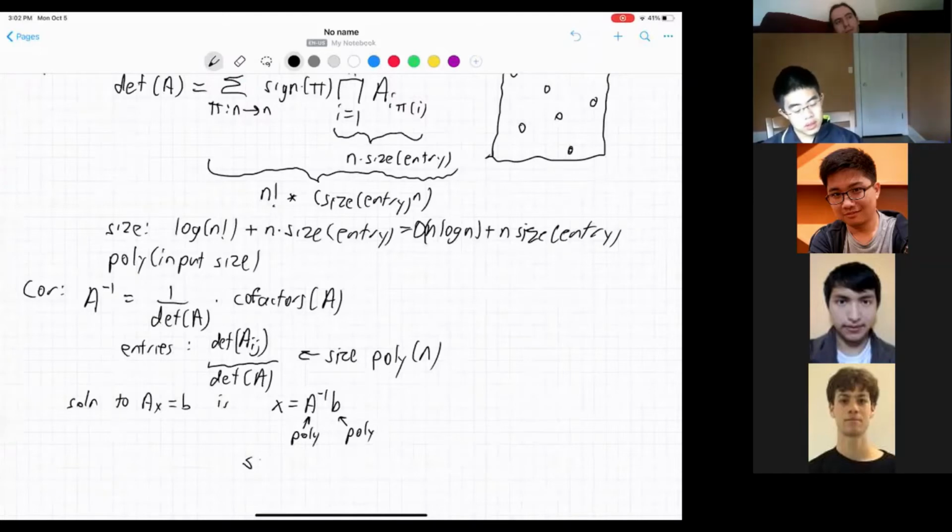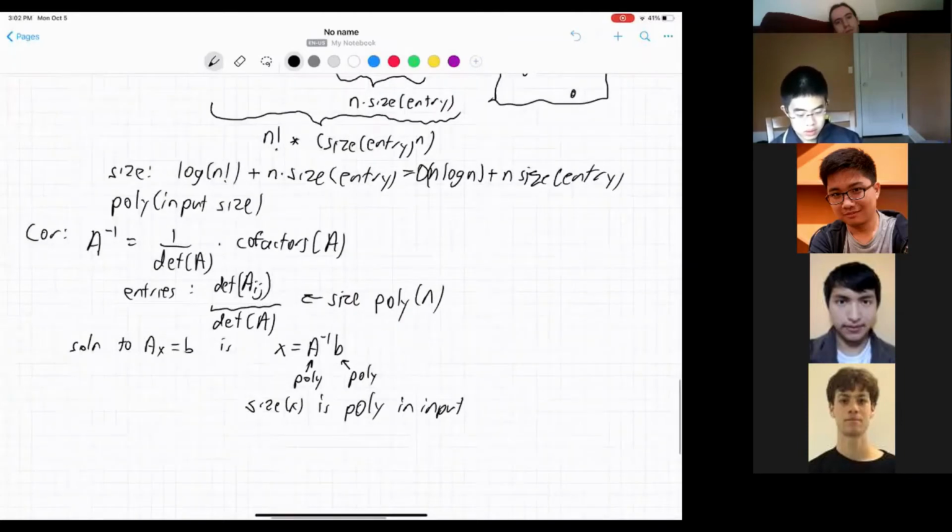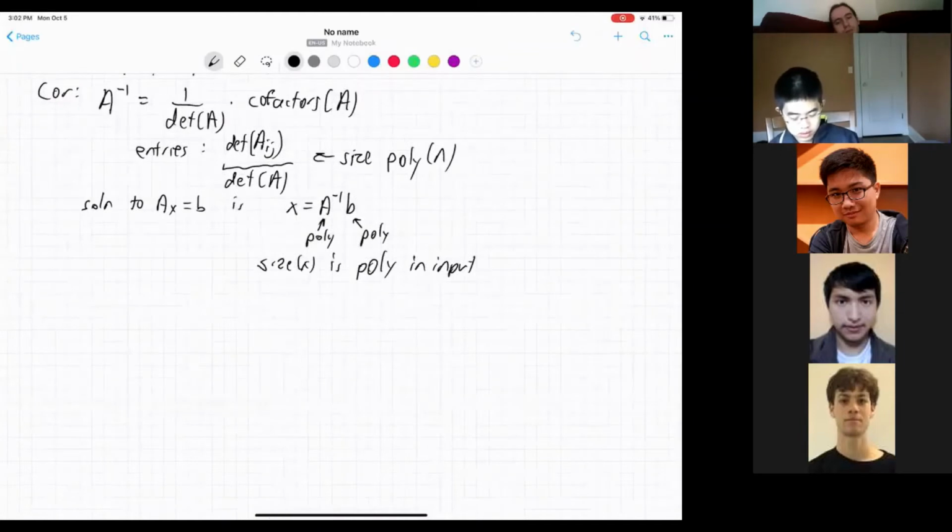So that tells us that the size of X is polynomial in the input. So we can in fact write down the solution. Okay, and once we write it down, anybody can check it in order to verify that it is in fact a solution. And that involves a polynomial number of operations involving numbers whose size is polynomial in the input.